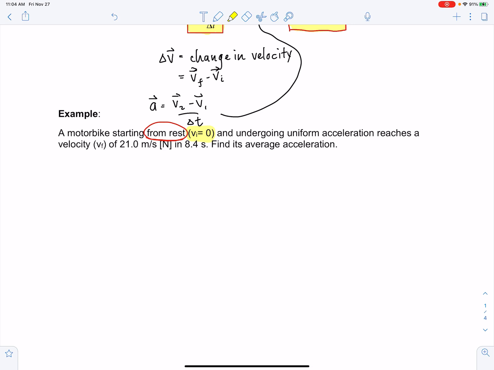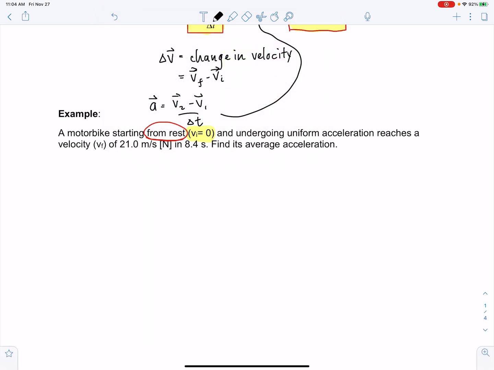Some of the questions will tell you that the object starts from rest, but won't say that v1 is equal to 0. It's your responsibility to assume that if it's starting from rest, the initial velocity is 0. And it's undergoing uniform acceleration, reaching a final velocity of 21 meters per second in 8.4 seconds.